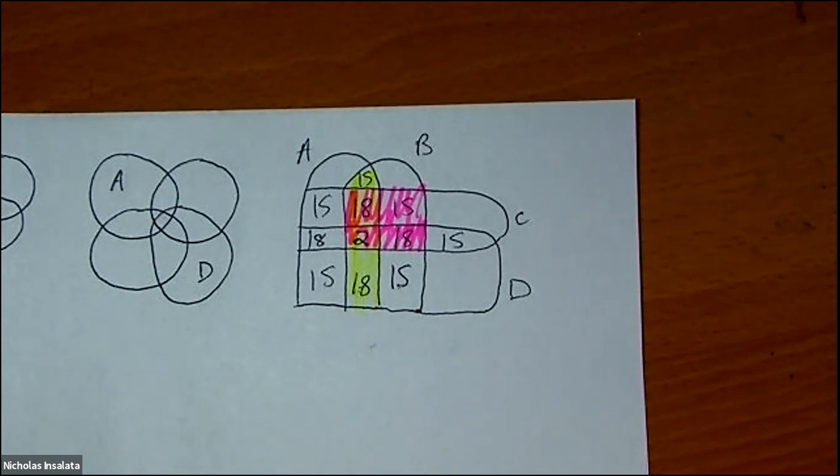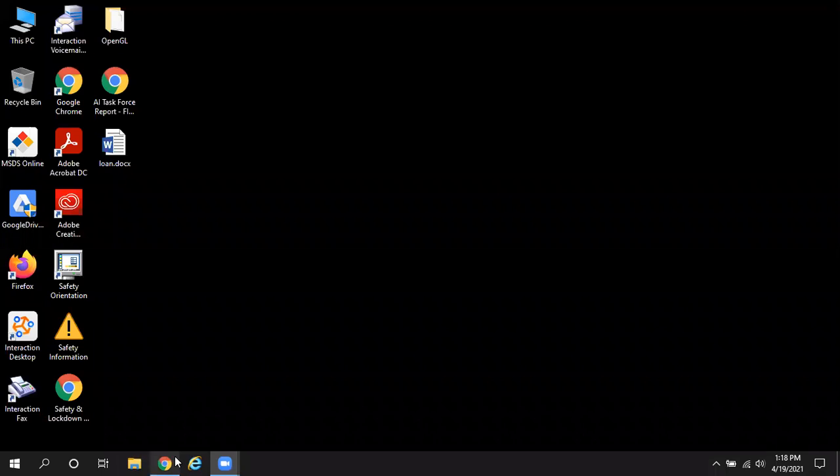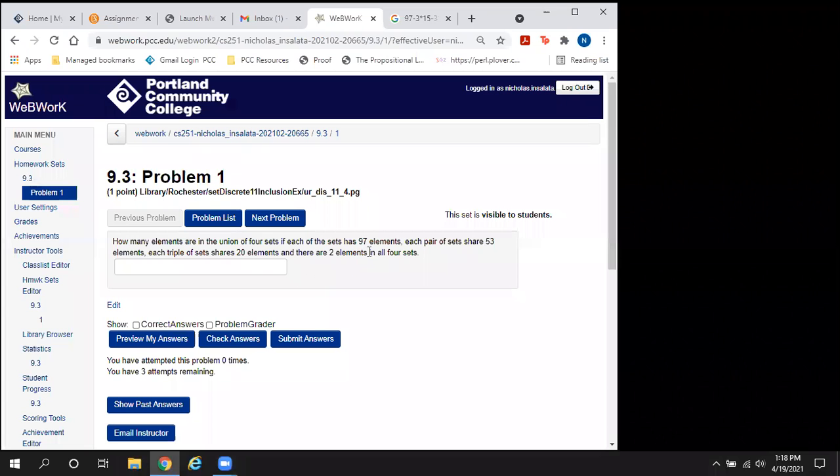If we go back to the question, okay, it says, if each of the sets has 97 elements, each pair of sets share 53, each triple share 20, and there are 2 elements in all 4 sets.